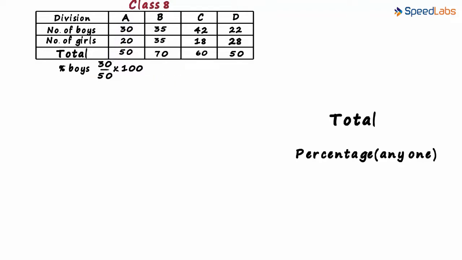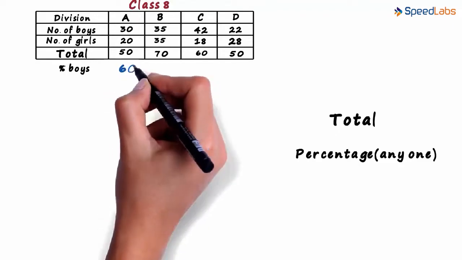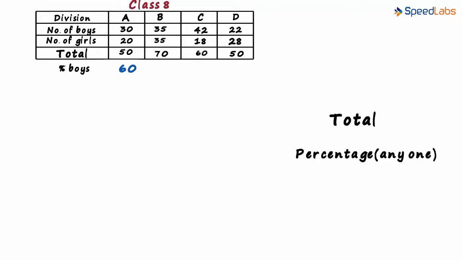I will erase this as we also have to accommodate the graph in this area. So in Division A, 60% of the students are boys. And we find out the percentage of any one because then finding the percentage of the other is very simple. For example, in Division A, as the percentage of boys is 60, the percentage of girls will have to be 40.